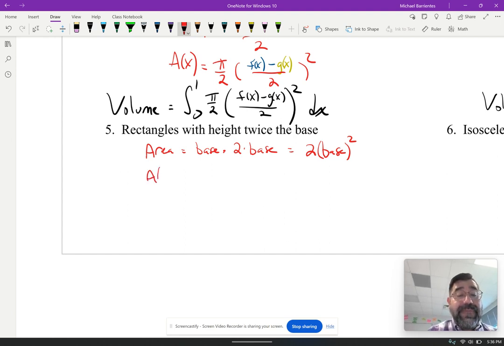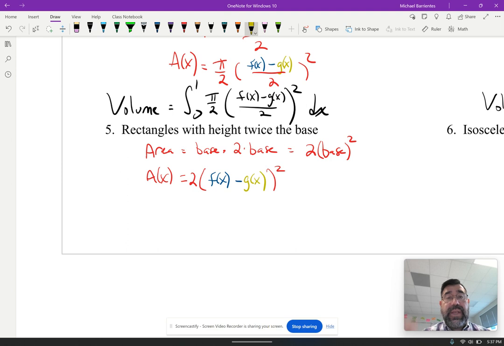So therefore, my area function is, let's put the 2 in the front here, f of x minus g of x. F of x is top, g of x is bottom. When you subtract f of x minus g of x, that gives you that length, which is the base of my rectangle. But I'm going to square it and then double it.